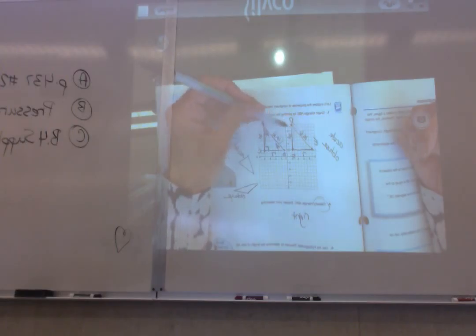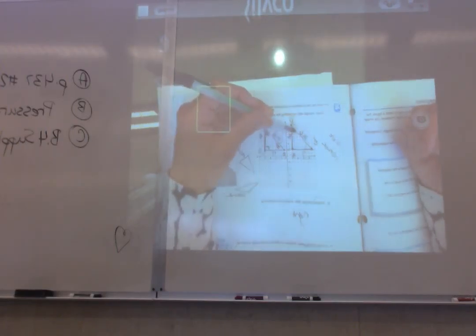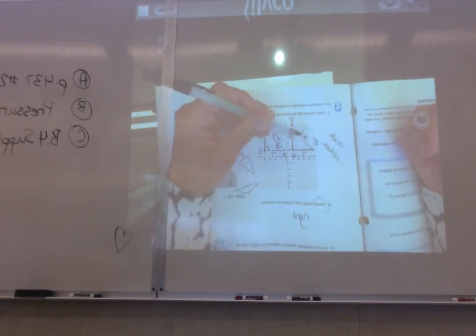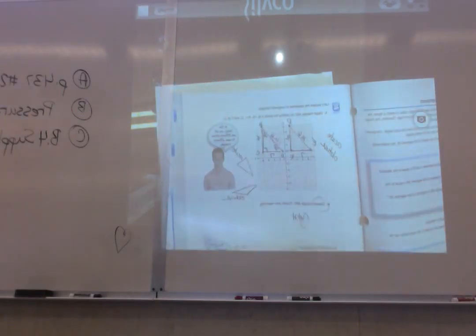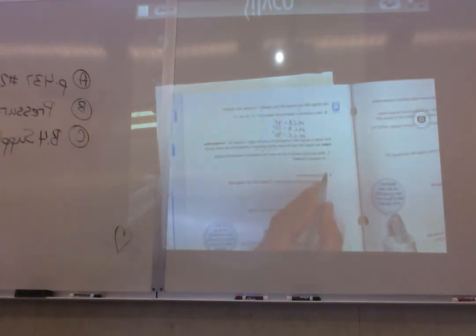Jerry's predicting they're the same. Would you agree with him? Yeah. Okay, so that's what they're saying. We predict corresponding angles are going to be the same if we know the two triangles are congruent.